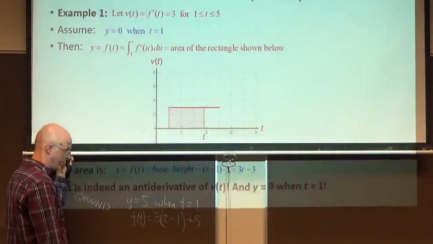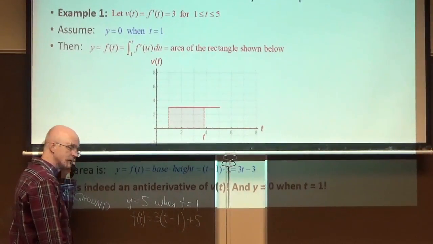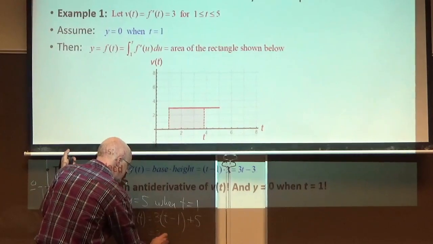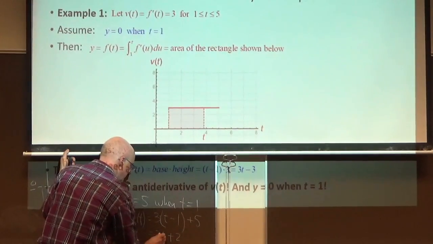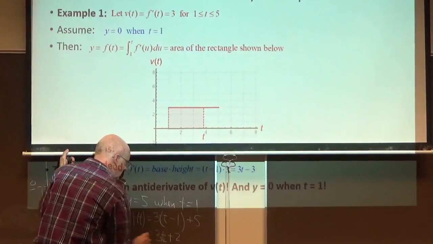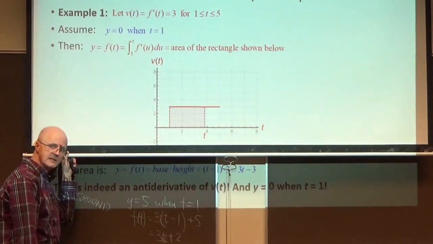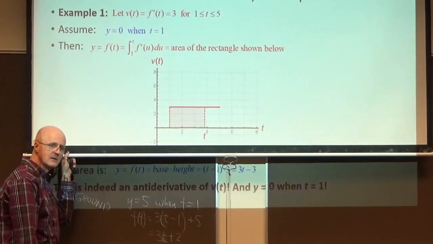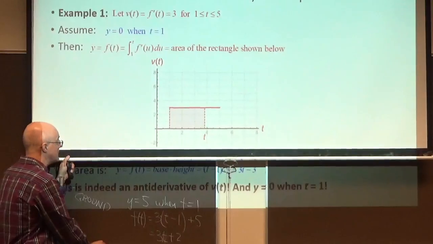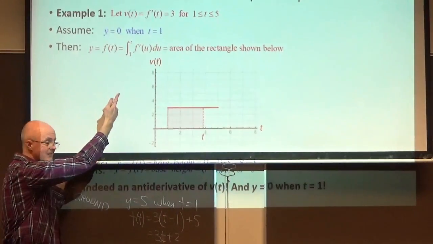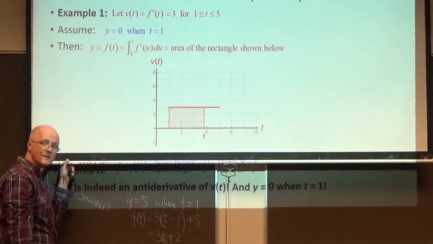That's a function that equals 5 when t is 1. If you expand it out, it's 3t plus 2. So if you have a different initial condition, you get a different answer.